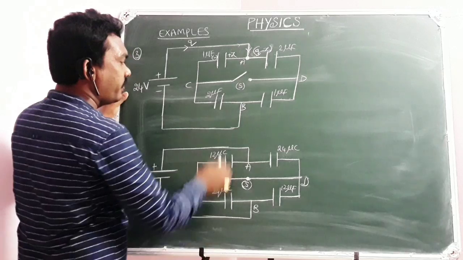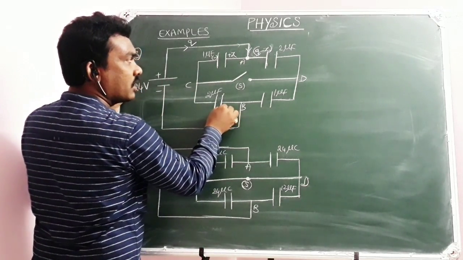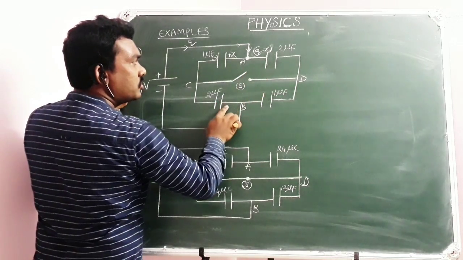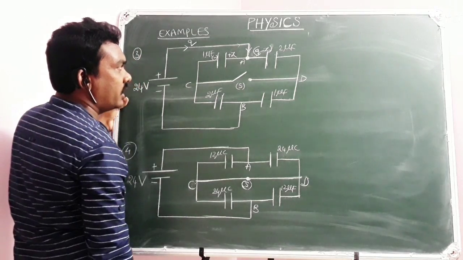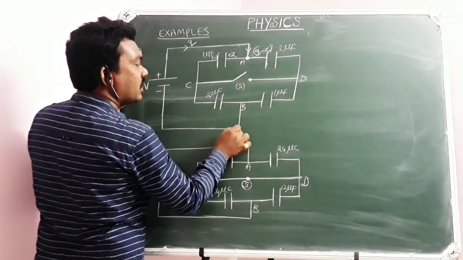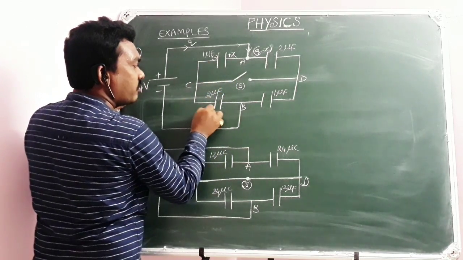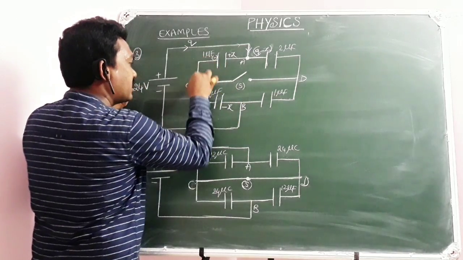Similarly, here we have capacitors 1, 2, 2, 1. If Q charge is coming here, then this will induce plus X here, and this will induce minus X, because these two are in contact.